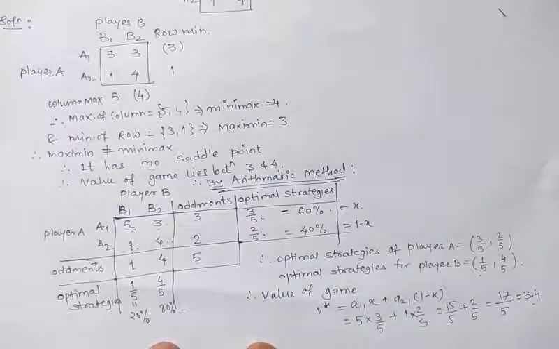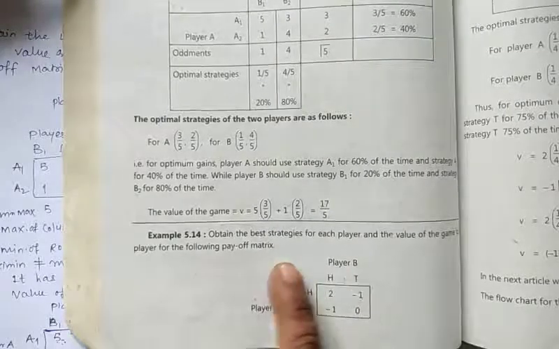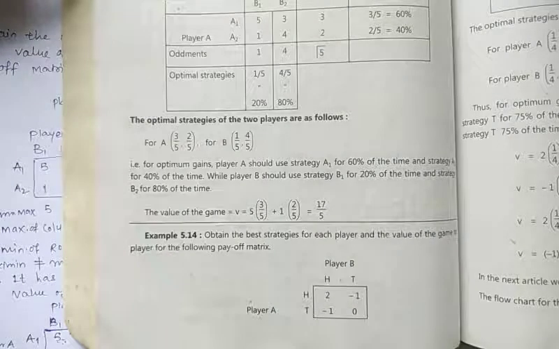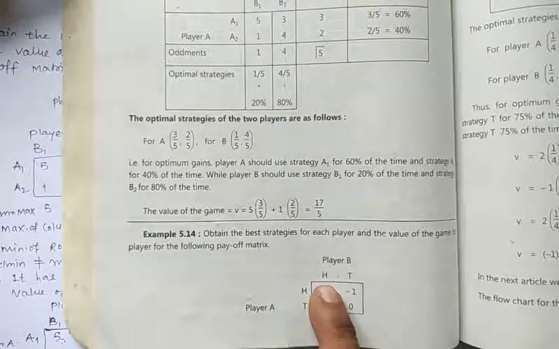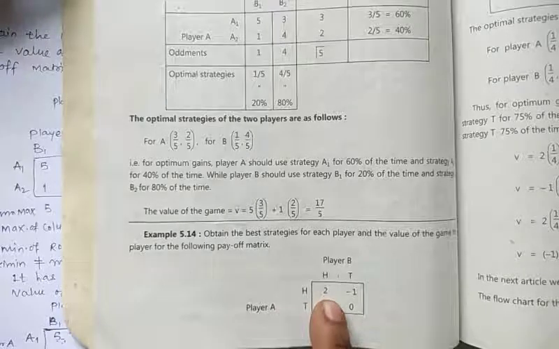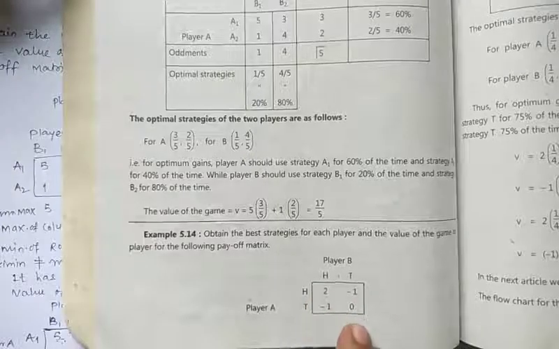Now let's see one more problem. Obtain the best strategies for each player and the value of game for the following payoff matrix. Player B has two strategies H and T, and player A has two strategies H and T. The given payoff matrix is of order 2/2, having elements 2, -1, -1, 0.